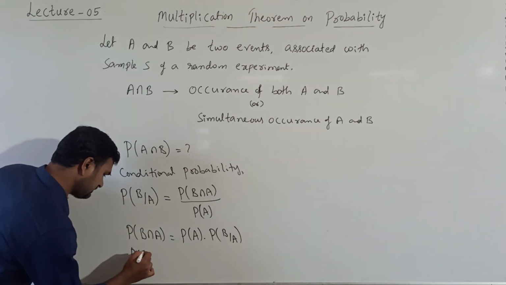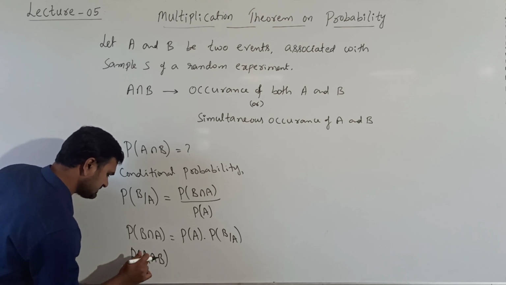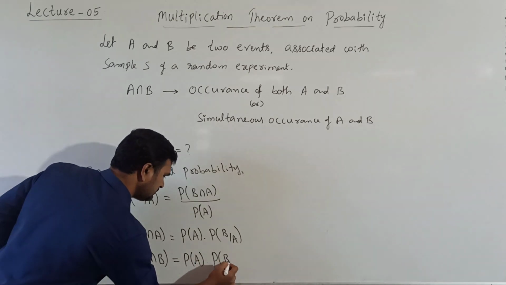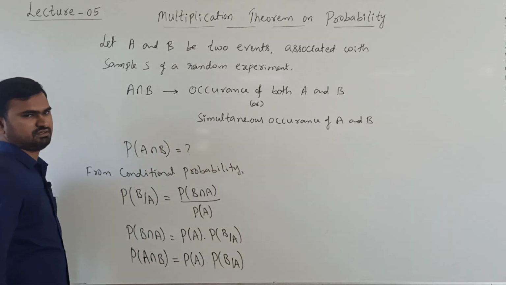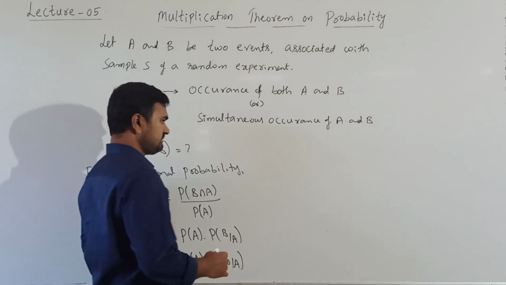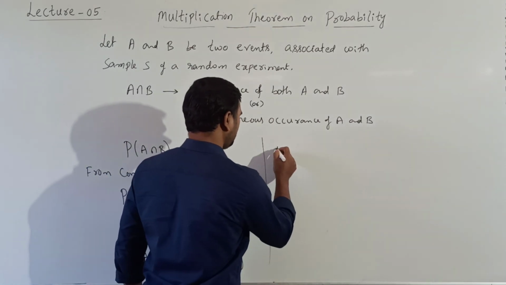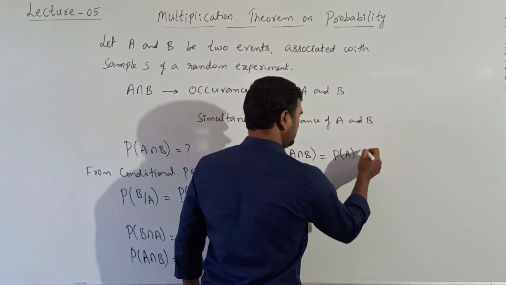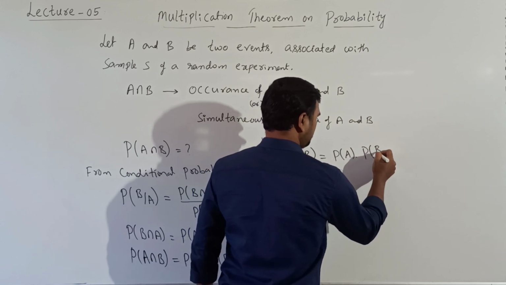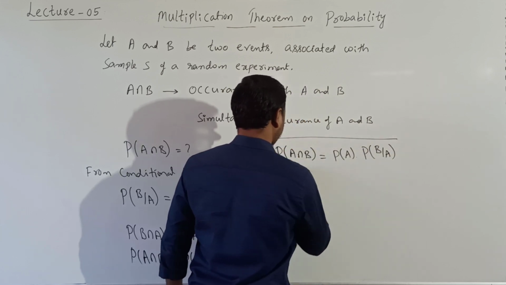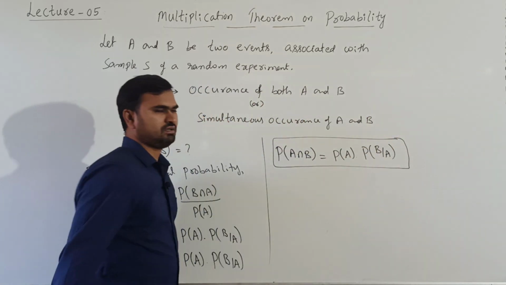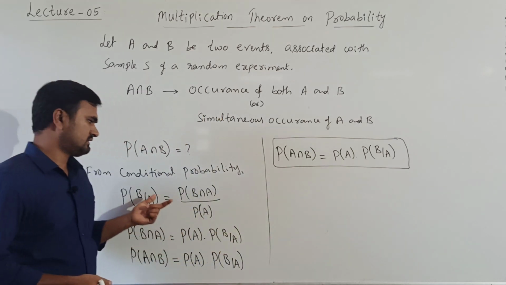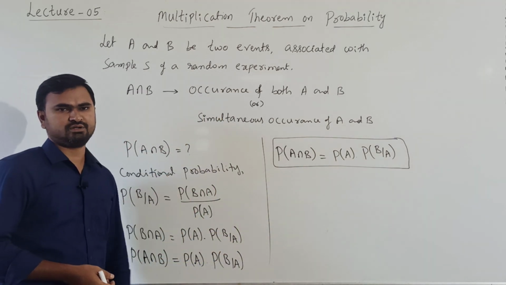So the probability of the event A intersection B can be written as probability of A into probability of B given A. This is the multiplication theorem on probability, which is derived by using the conditional probability we studied in the previous classes.